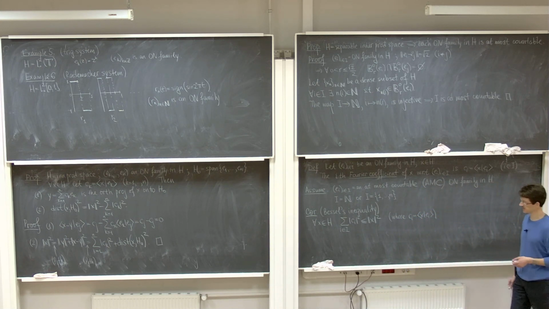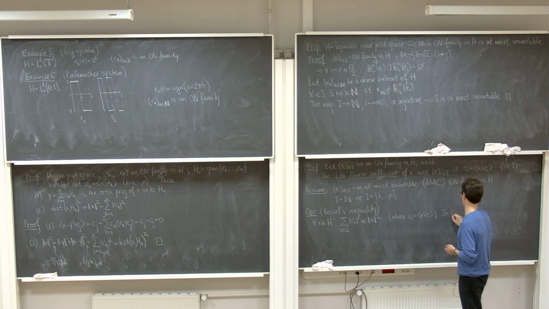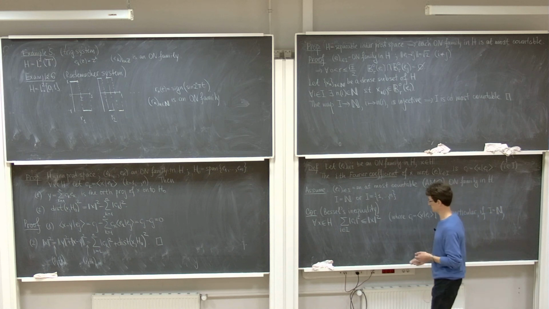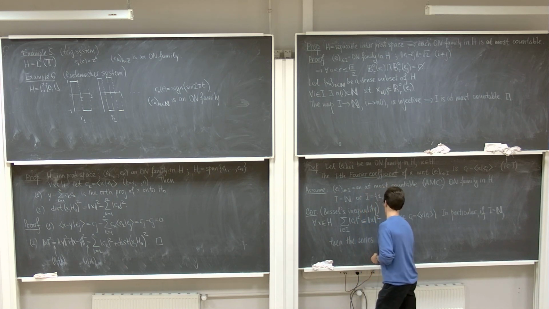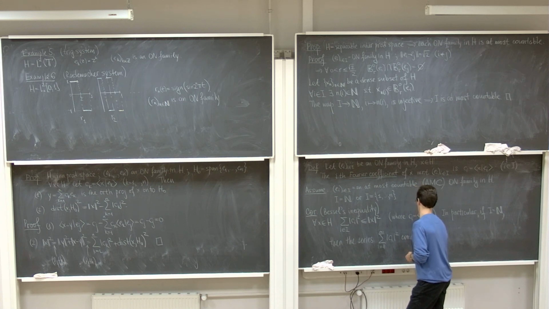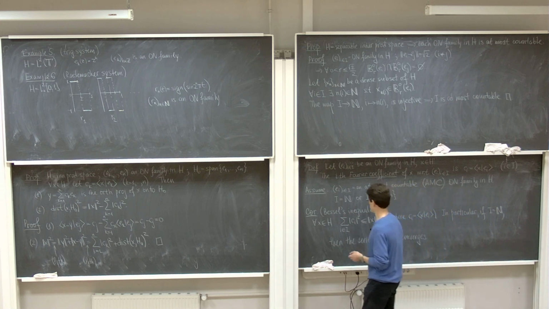So in particular, we see that if our family is countably infinite, that is I is the set of natural numbers, then the series of squares of Fourier coefficients converges. So this is Bessel's inequality.